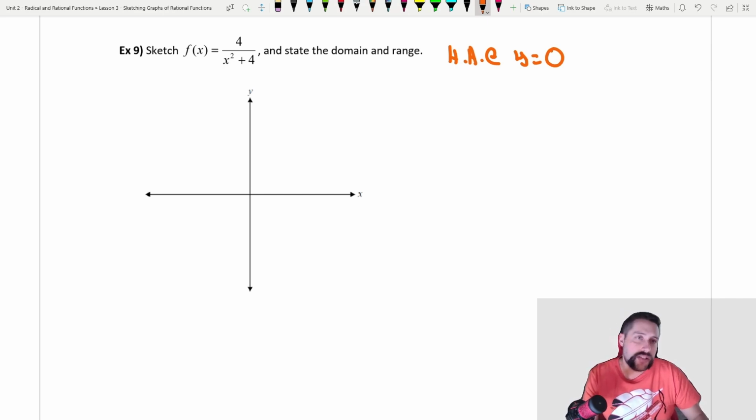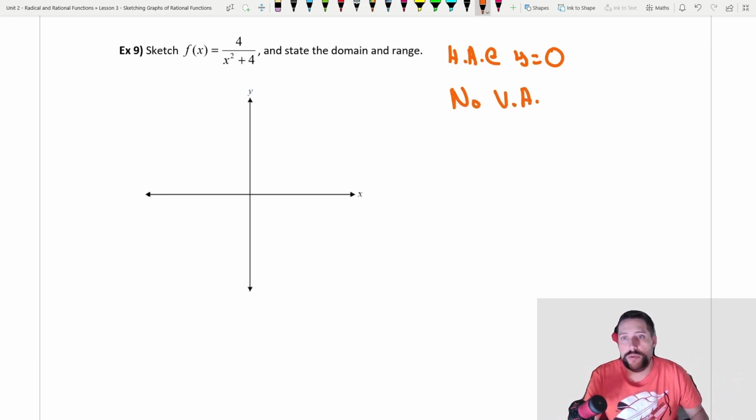Because of that plus 4 in the denominator with the x squared as well, this is going to be a speed bump, because there are no vertical asymptotes. Because there are no vertical asymptotes, we can't necessarily graph this thing.